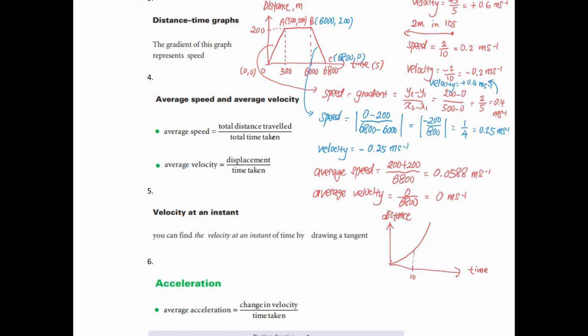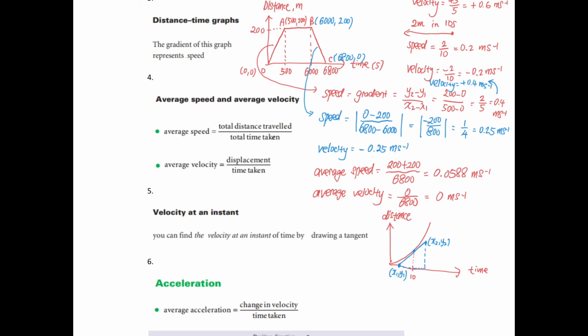Then you have to draw a tangent here, touching the graph at this particular point, and then you can build a right angle triangle. After that you can count the gradient of that line by considering two suitable points that you can read coordinates easily, like here x1 y1 and here x2 y2, and then you use the gradient formula, and the gradient represents the velocity at an instant.